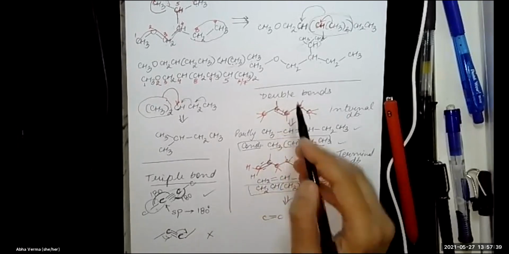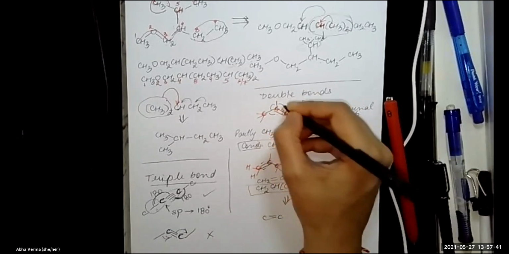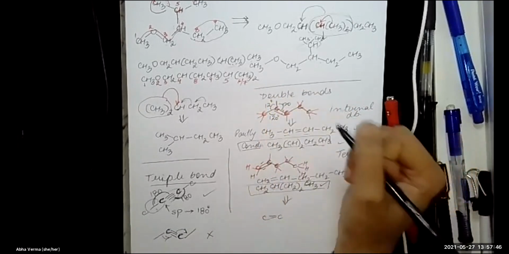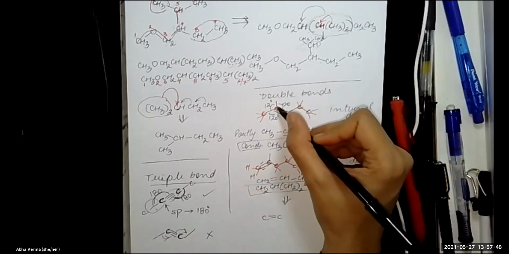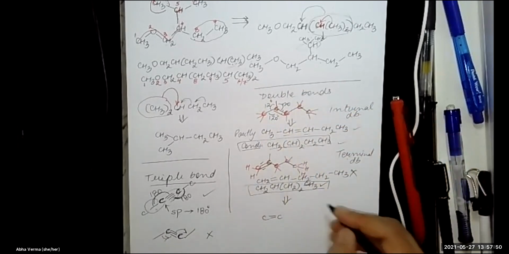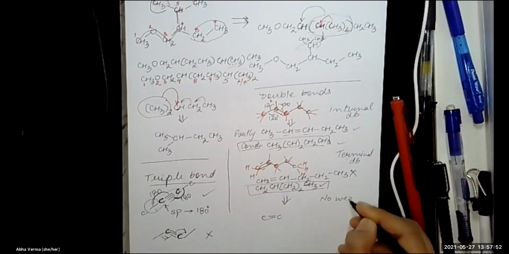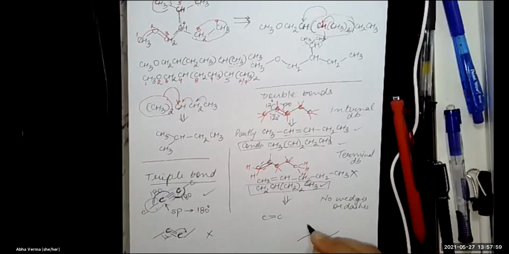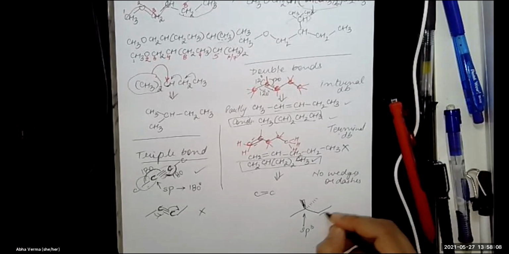For your double bonds, you can still have 120 degrees in this way. Because with your double bonds, there will be no wedges or dashes. When do you have wedges and dashes? When you have an sp3 carbon. When do you have no wedges or dashes?